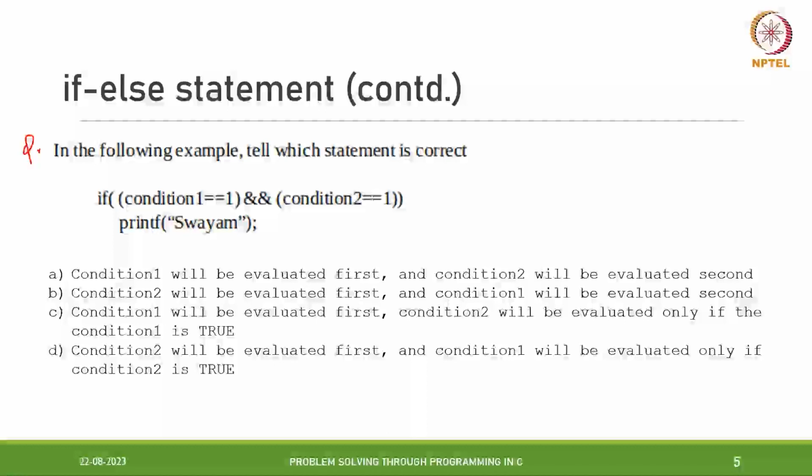The question asks which will be the order of evaluation of these conditions and when will this SWAYAM be printed. Just see which of the statements sounds correct to you, like how the evaluation of the conditions will occur.